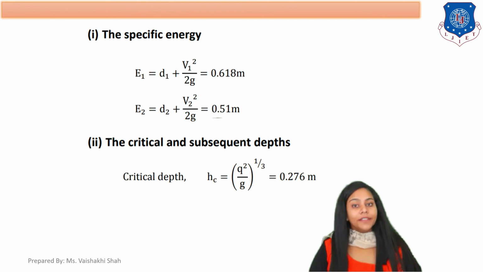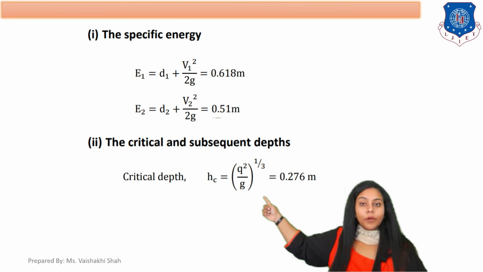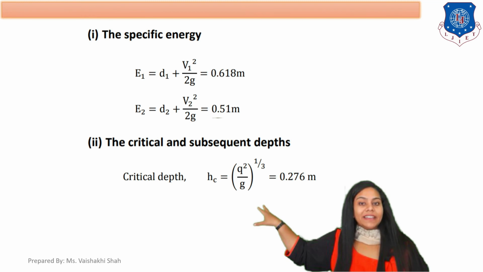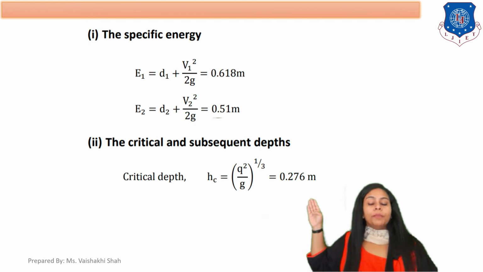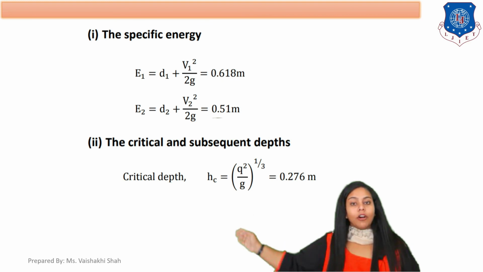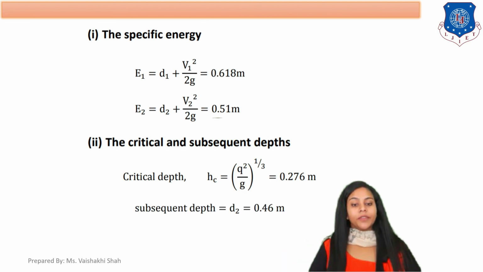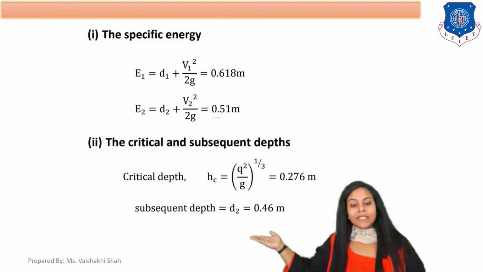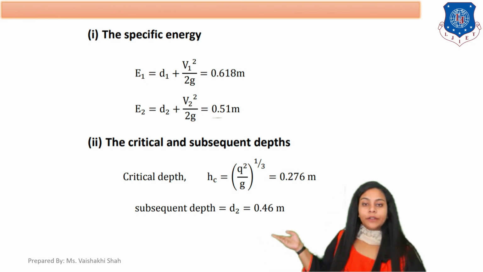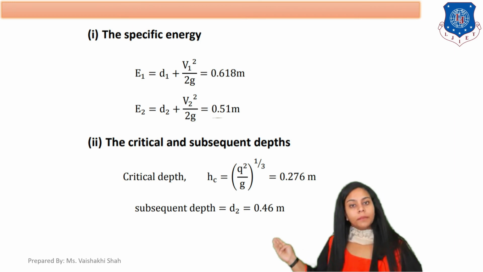Remember, here there is a small q. Now we have the value of small q, which was capital Q divided by B, and G, that is 9.81. So by placing values here, you get HC equals 0.276 meter. HC is called critical depth. Now the subsequent depth D2, we already have that answer: D2 equals 0.46 meter.